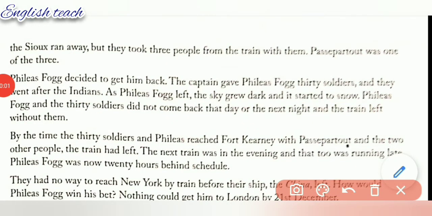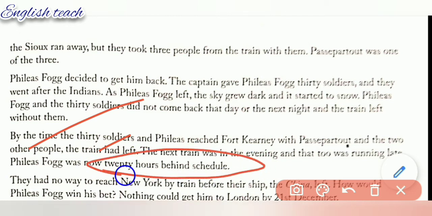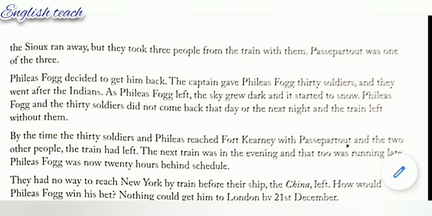By the time the 30 soldiers and Phileas reached Fort Kearney with Passepartout and the 2 other people, the train had left. The next train was in the evening, and that too was running late. Fogg was now 20 hours beyond the schedule to go around the world.